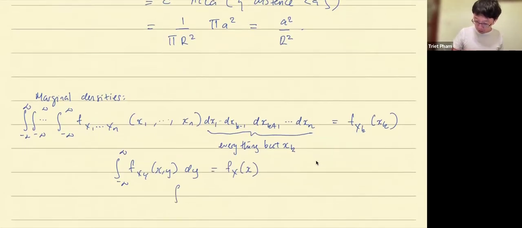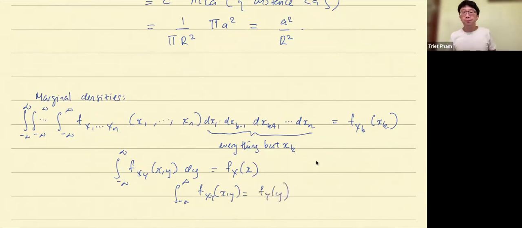And if you integrate out the x part, then you get the PDF of the y. Just exactly like the law of total probability, but now it's a density version. Any question?